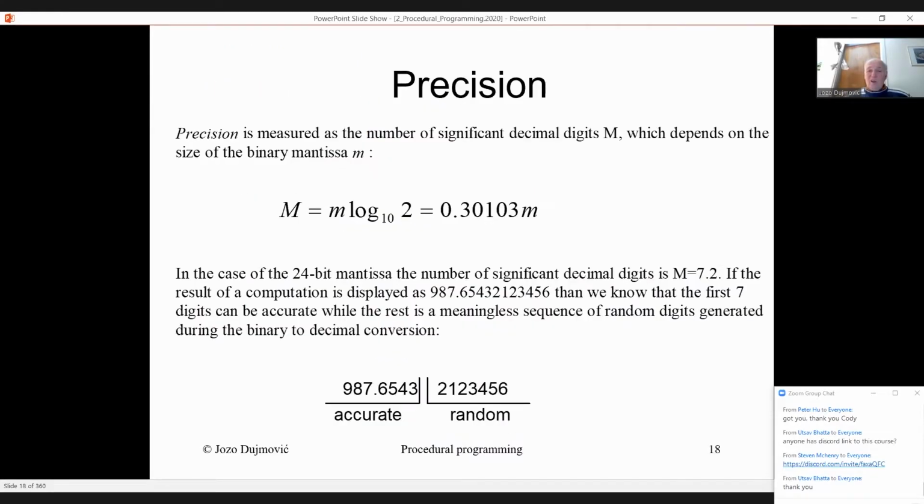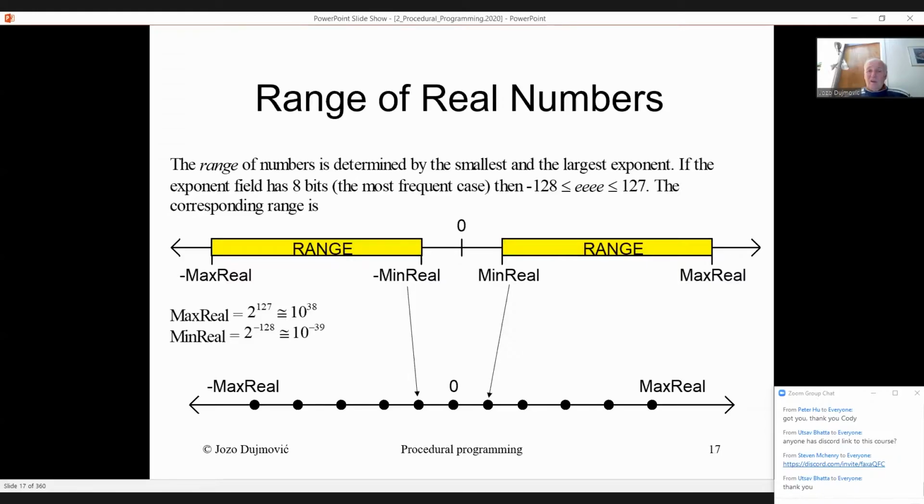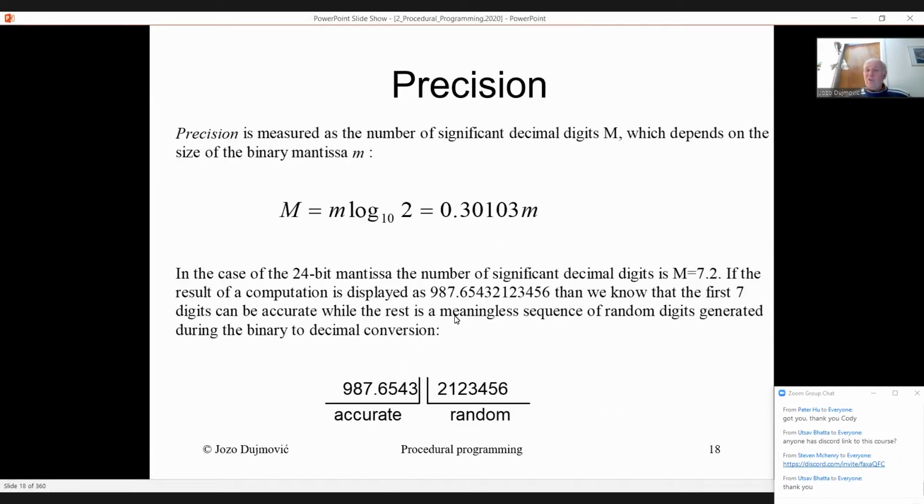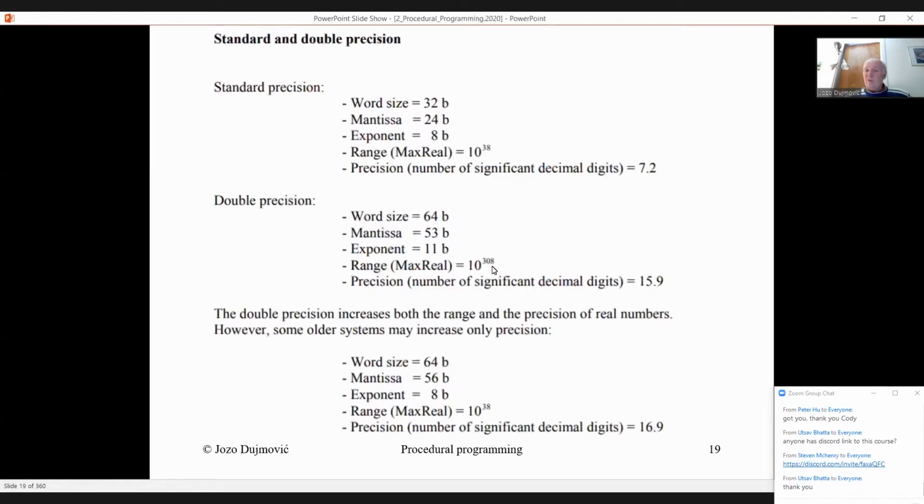So this is this formula here. But you don't have 127, you have larger values. So if you have 11 bits here, you have 2 to 10 minus 1, which is 1023. So 2 to 1023 gives you this 10 to 308.